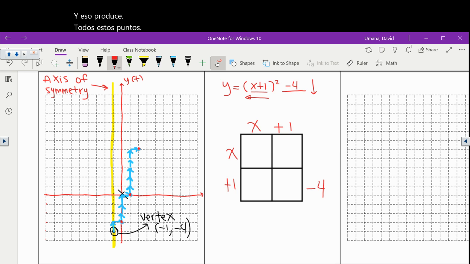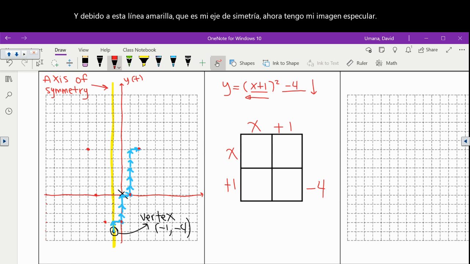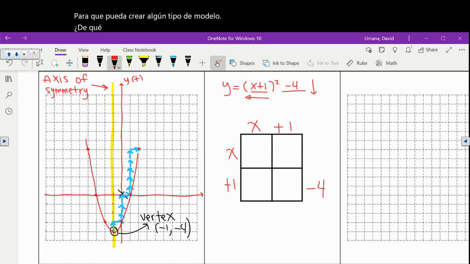And because of this yellow line, which is my axis of symmetry, I now have my mirror image. So that I can create some kind of model of what my parabola should look like, which is still a positive parabola. So it gives me that curve.